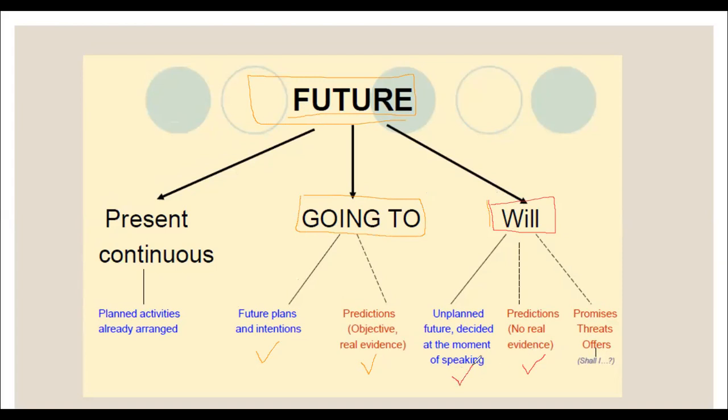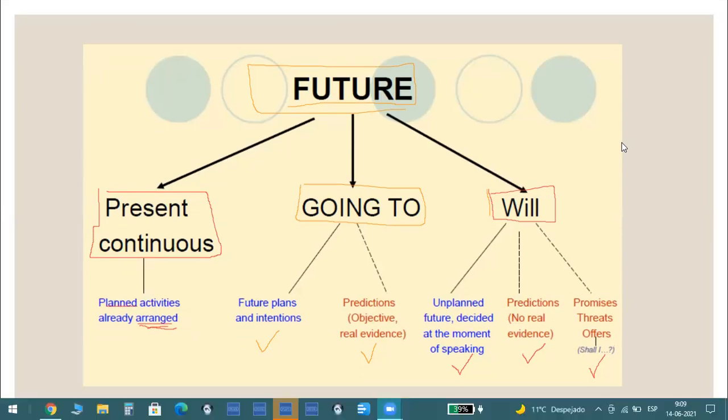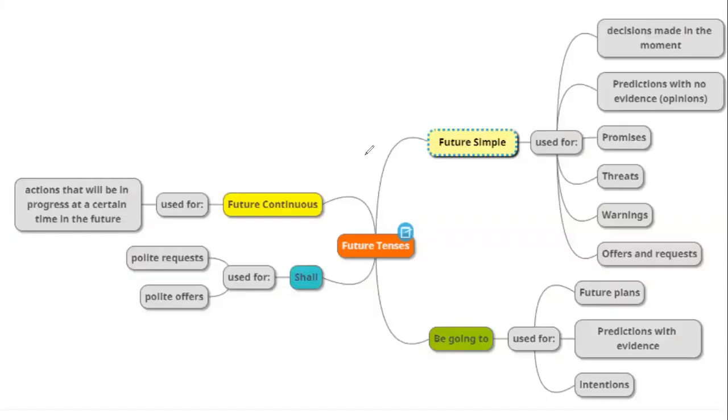Decisions made at the moment of speaking, promises, threats, and offers. The present continuous, we can use it to talk about planned activities, already arranged, okay, for future arrangements. And arranged significa que ya están programadas, okay? So future arrangement, que ya están programadas.